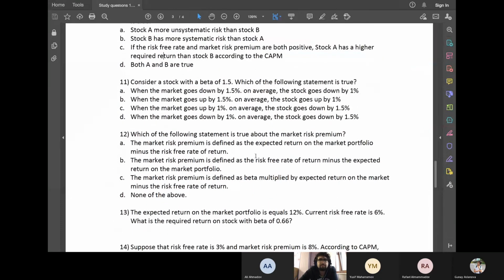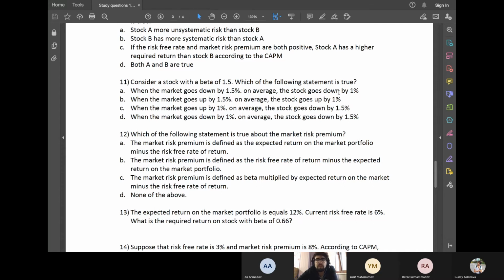Question 11. Consider a stock with a beta of 1.5. Which of the following statements is true? A says that when the market goes down by 1.5%, on average, the stock goes down by 1%.